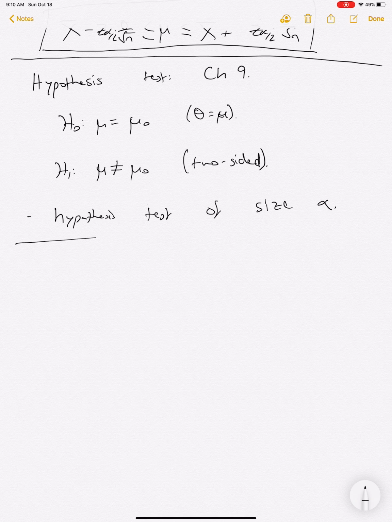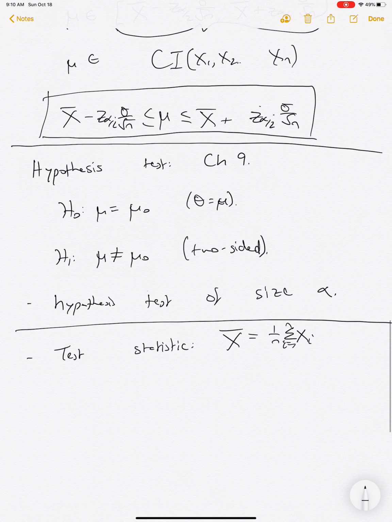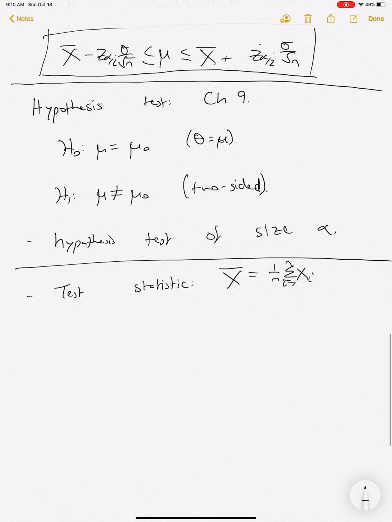Remember that for a test, we have our null, our alternative, our size of the test, and then we need a test statistic. Again, we're just going to use x bar, because that's the most natural thing to do when we're doing the mean for a normal.